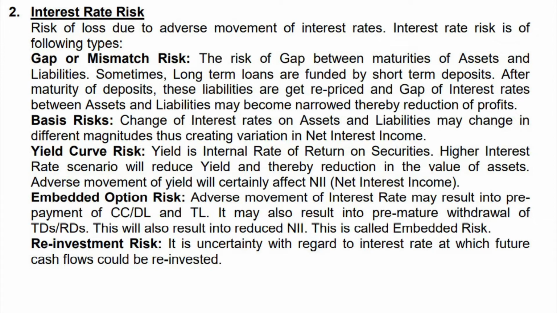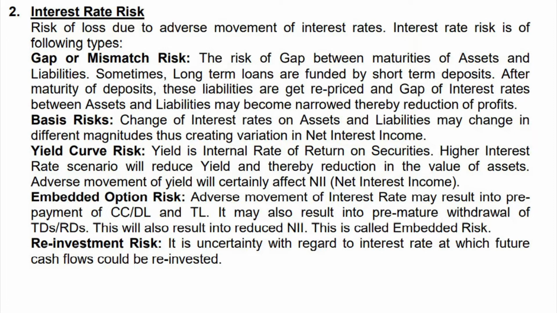Usually it is of 5 types. The first one is gap or mismatch risk. Gap or mismatch risk is a gap between maturities of assets and liabilities. Long-term loans are funded by short-term deposits. After maturity of deposits, these liabilities get repriced and the gap of interest rates between assets and liabilities may become narrowed, thereby reducing profits.